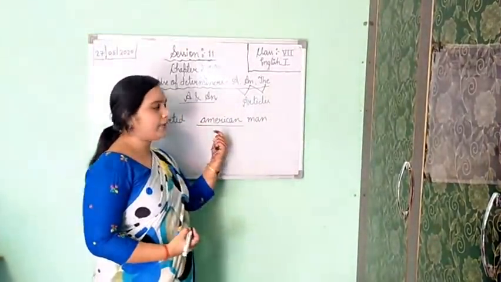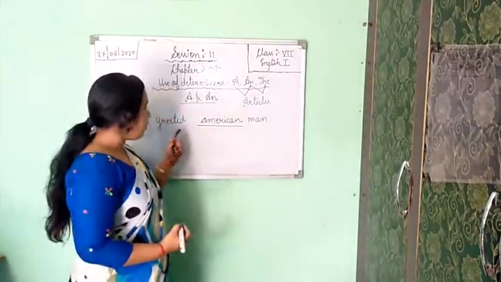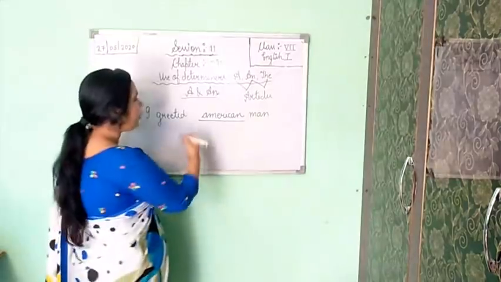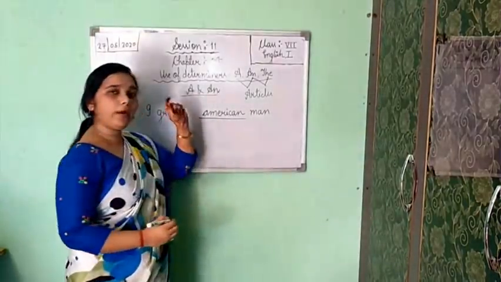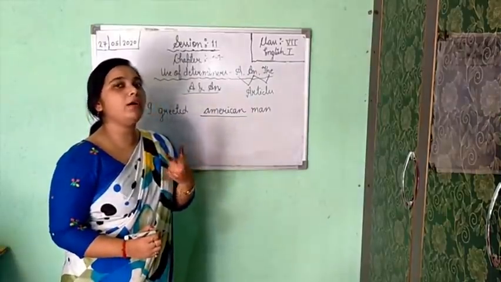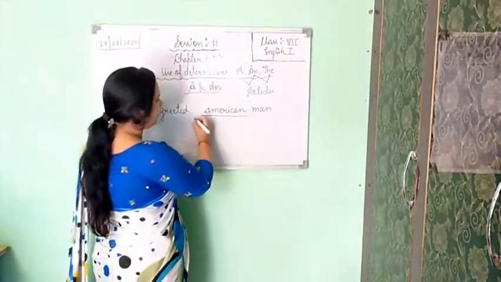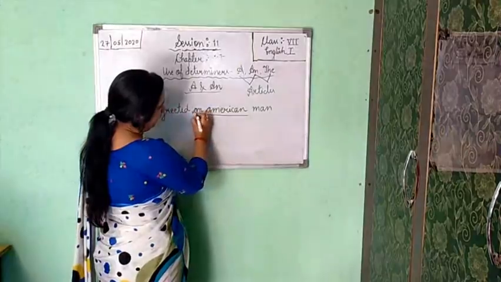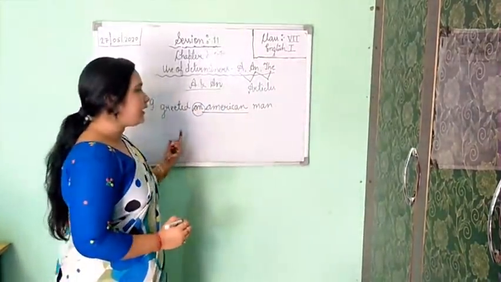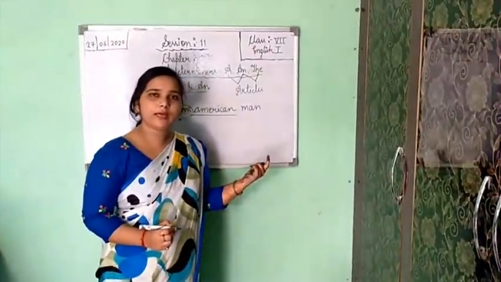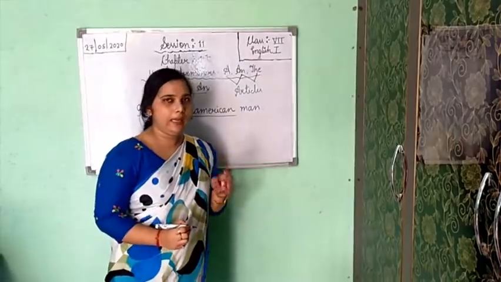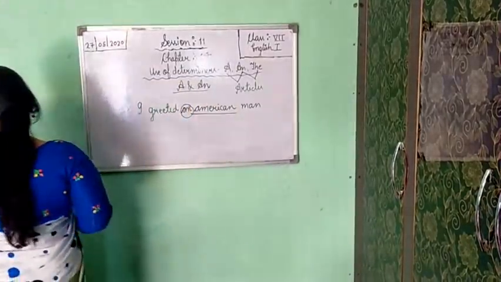So it is certain that he is American. But here you will apply a or an. Now see what you will apply, whether a or an. Just see, American, the pronunciation is coming of a vowel sound. So simply you will apply an. Okay, here you will apply an. So before a certain noun, according to the sound we will apply whether a or an.